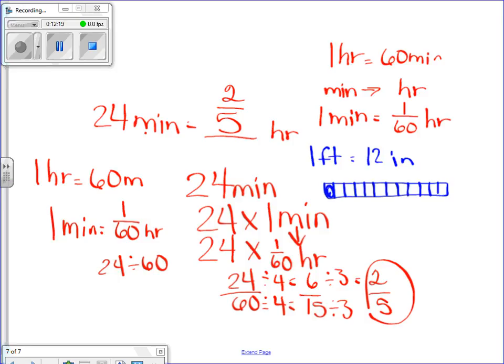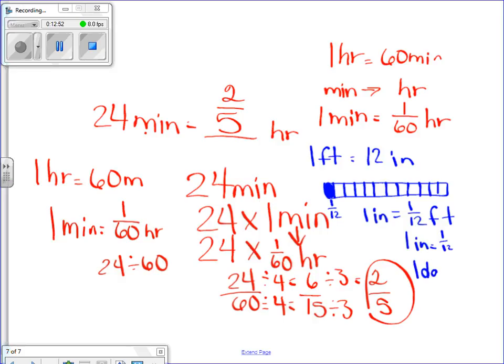If this is 1 inch, it's 1/12 of the whole foot. Do you agree? So 1 inch is 1/12 of 1 foot. So 1 inch equals 1/12 of a foot.